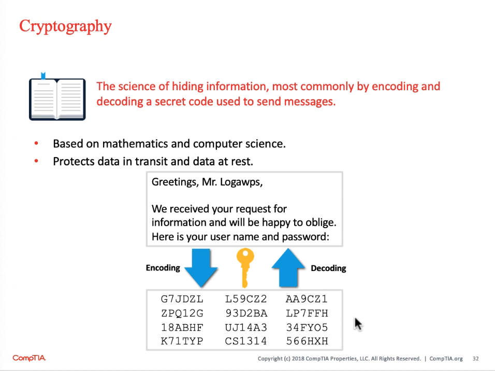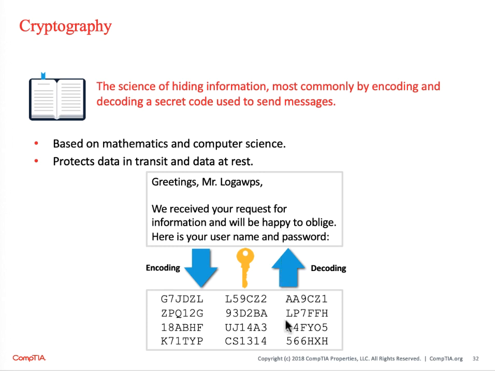So cryptography is used in this manner here, right? We're going to have this message, and in this case, we have a single key, and this key, which is known as a shared key or a symmetrical key, does encoding, but it also does decoding in this case.